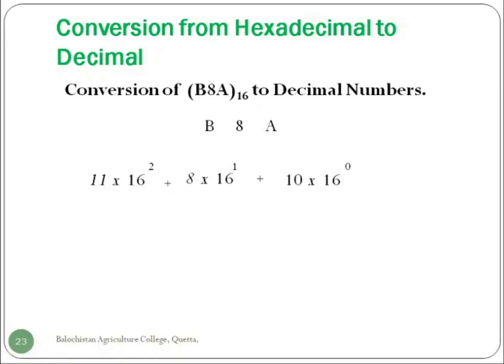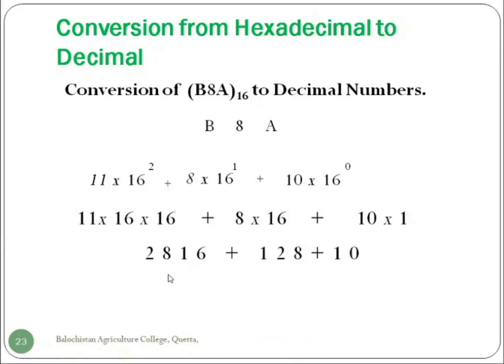The third and the final step is to add all these values together. 10 multiplied by 1, 8 multiplied by 16, 11 multiplied by 16 multiplied by 16, because 16 square means 16 will be multiplied by itself 2 times. After calculating these numbers, we get 2816 plus 128 plus 10, and the answer is 2954 and 10 in its base. I hope that now you will be able to convert any decimal number to a hexadecimal number and any hexadecimal number to a decimal number. So here this topic has been completed.